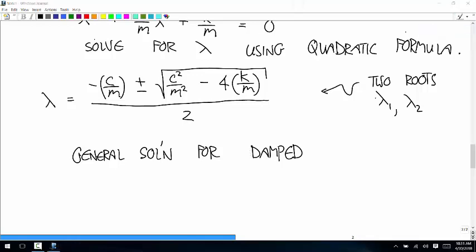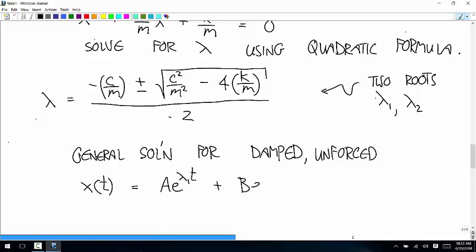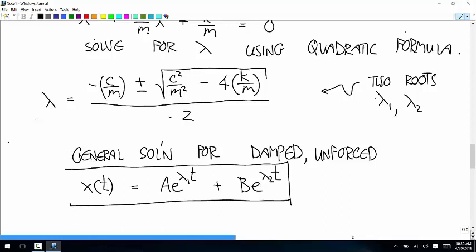This is for the damped system, unforced. x as a function of time is equal to some constant a times e to the lambda 1 t, where lambda 1 is one of those two roots, plus b times e to the lambda 2 t, where lambda 1 and lambda 2 are the roots from the quadratic formula.